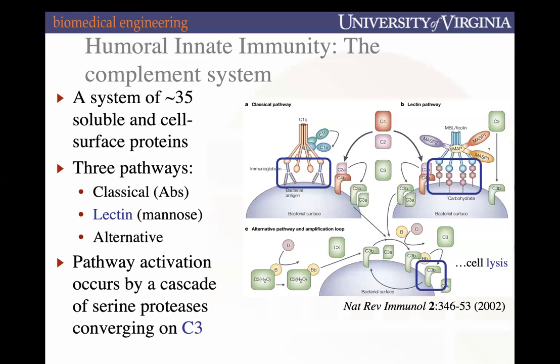And then that will cleave C2 into C2A and C2B. It'll cleave C4 into C4A and C4B. And we get the C3 convertase, C2A and C4B. Okay? So both of these pathways converge on making this C3 convertase.